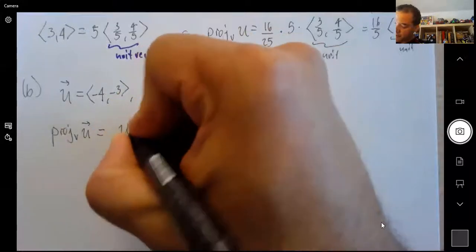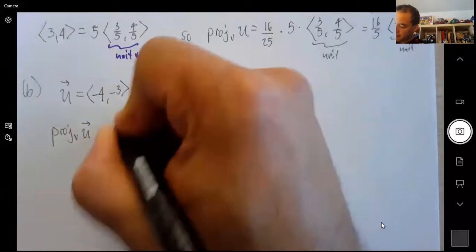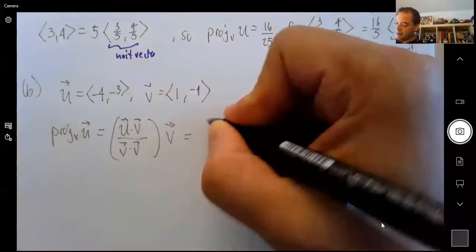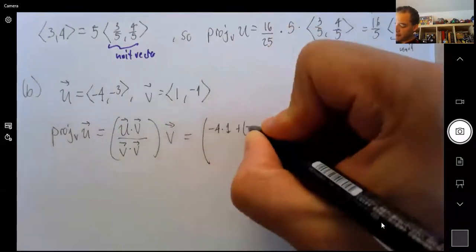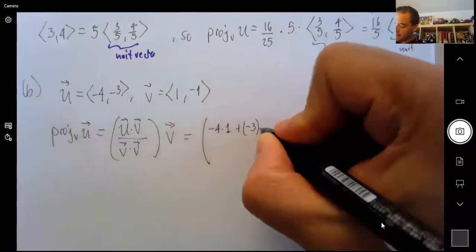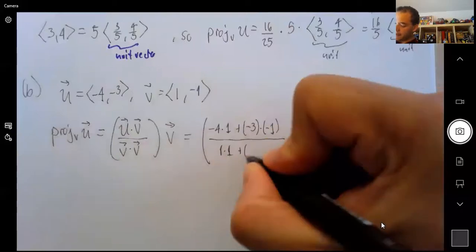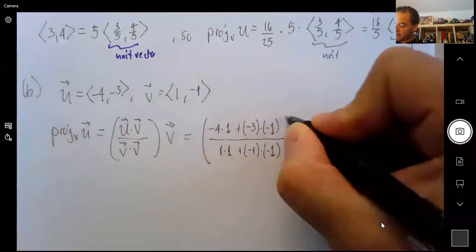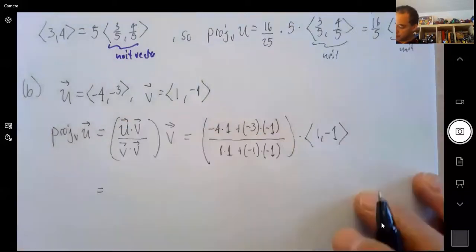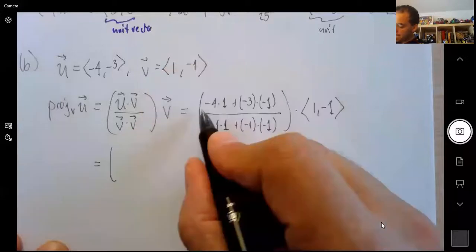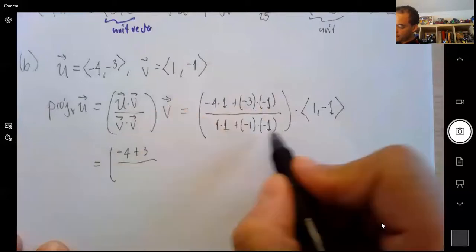We said it is u dot v divided by v dot v, times the vector v. So this would be -4 times 1 plus -3 times -1, divided by v dot v. That's 1 times 1 plus -1 times -1. All of that times the vector (1, -1). It's -4 plus 3, divided by 2.